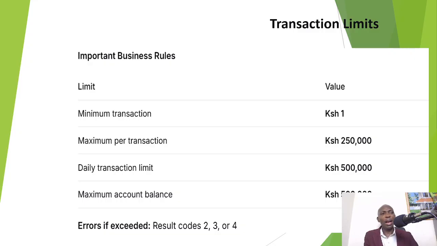I am doing a payment, and I am trying to do, as a customer, a transaction that exceeds K shillings 500,000. It will not go through because every customer's phone wallet will have a maximum of 500,000. So if it exceeds, you may get result code 2, 3, 4, 5, and so on.